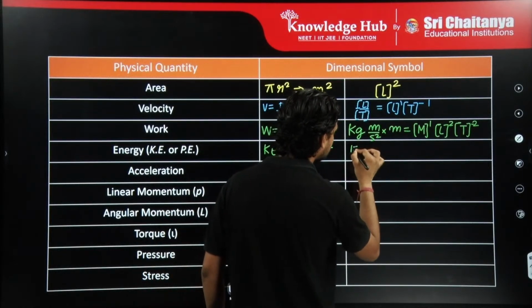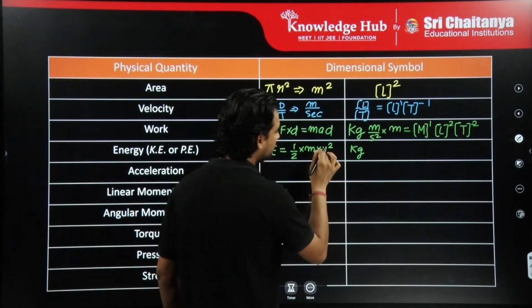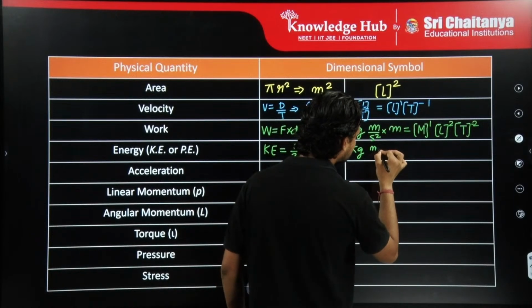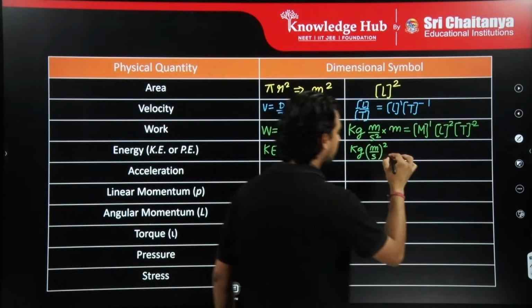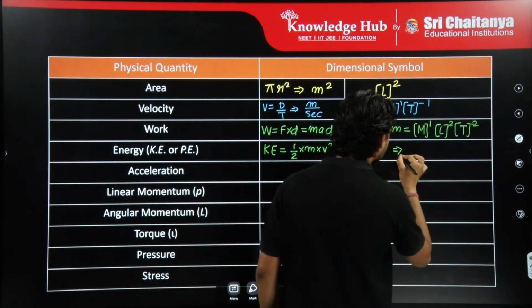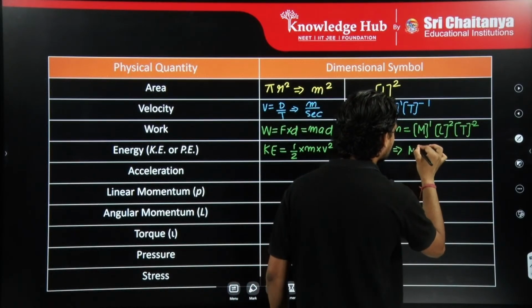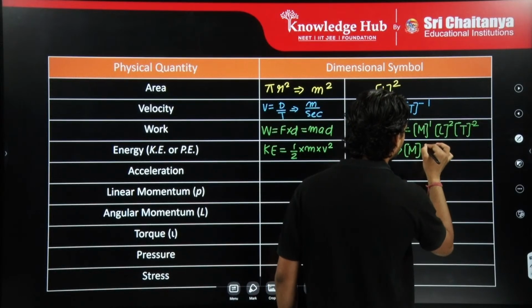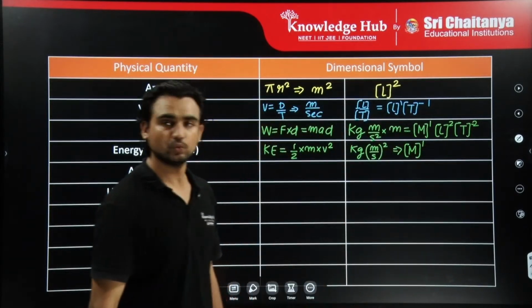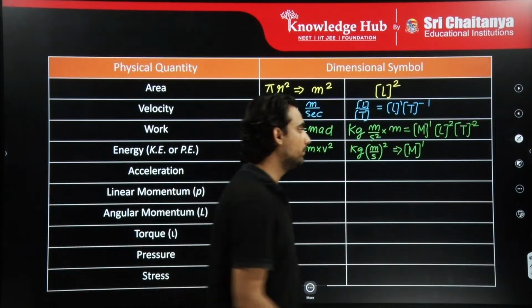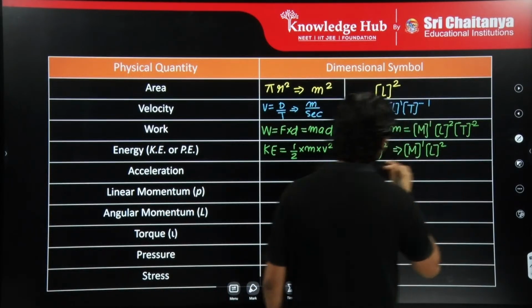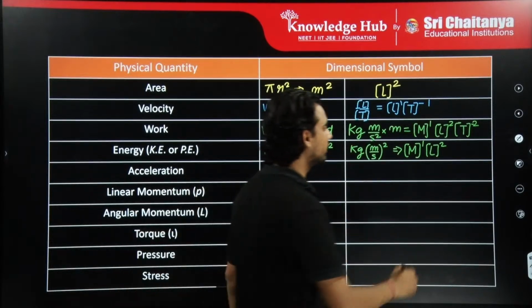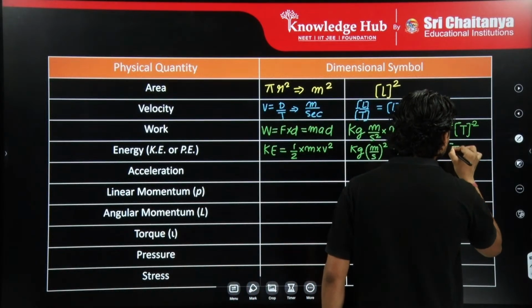Mass is measured in kg and velocity is measured in meters per second, and that is squared. So this will be kg meter square upon second square. The dimensional formula for kg is M raised to 1. Meter square gives L raised to 2. And 1 upon second square is t raised to minus 2.